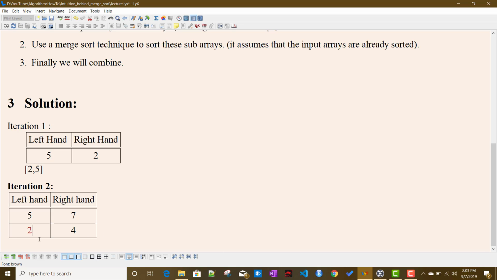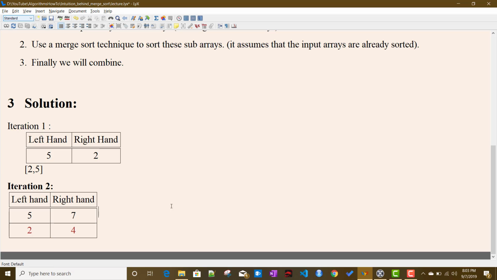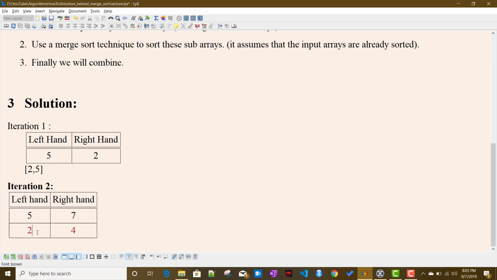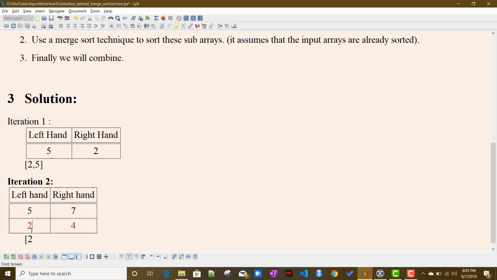So we have taken 2 from our left hand and we have taken 4 from our right hand over there, right? So we compare these two. Which one is the smallest one? 2. We will write 2 first over here in our new array. Whenever we have already written an element over here, we will ignore it over there.